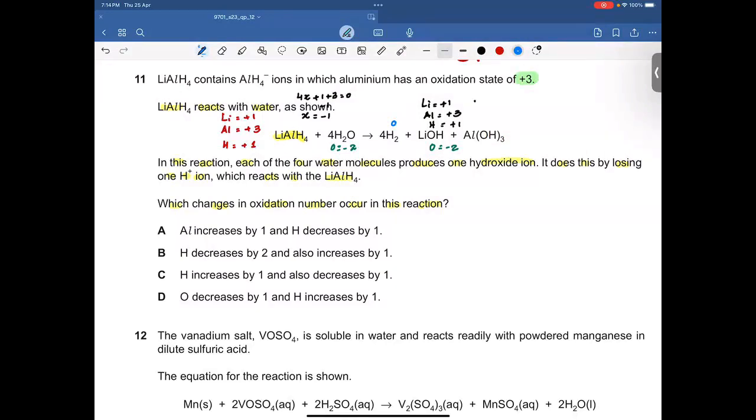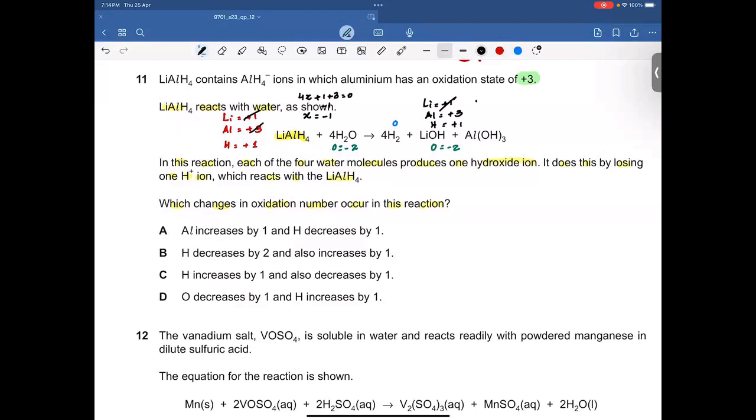So if we look at the situation here, I can cancel lithium on both sides because the lithium oxidation state will remain the same in the entire reaction. The charge of aluminum on both sides will remain the same, cancel out. Oxygen charge will remain the same on both sides, cancel out.